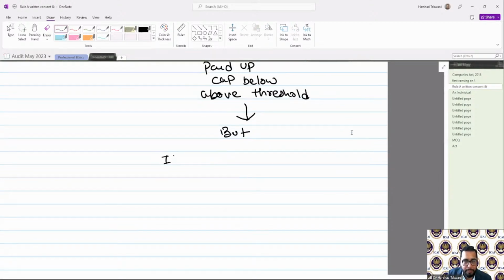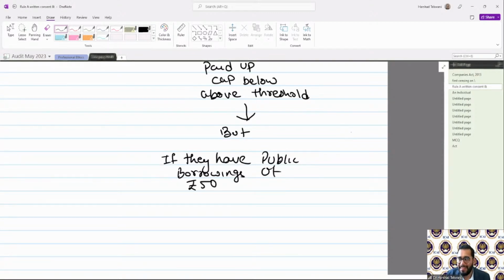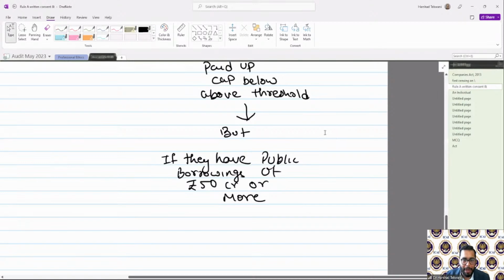If they have public borrowings of rupees 50 crore or more, then they will become part of this.